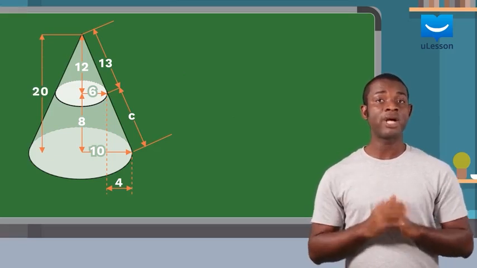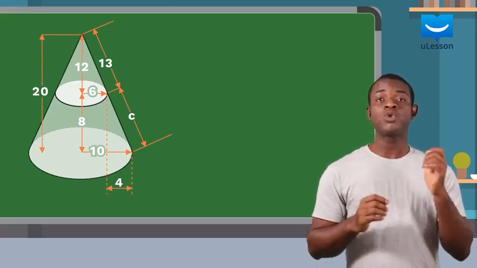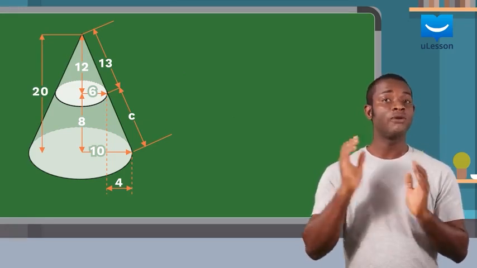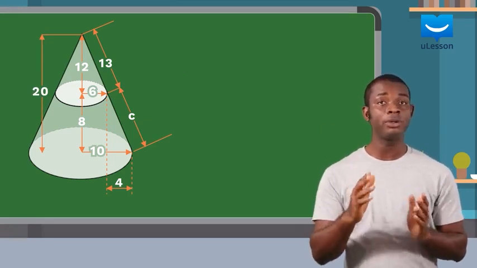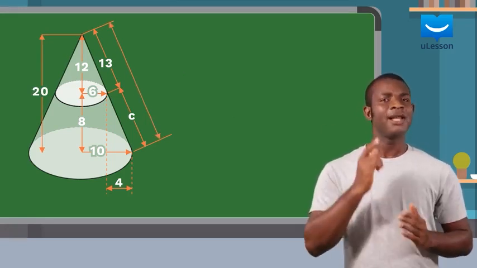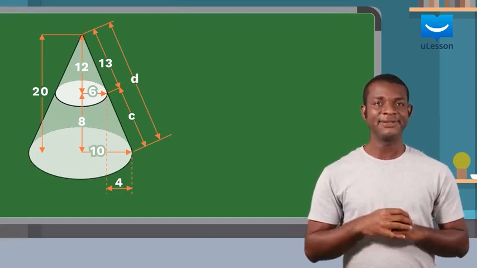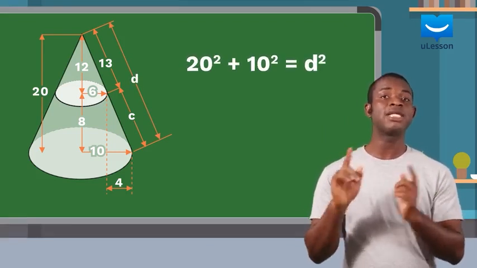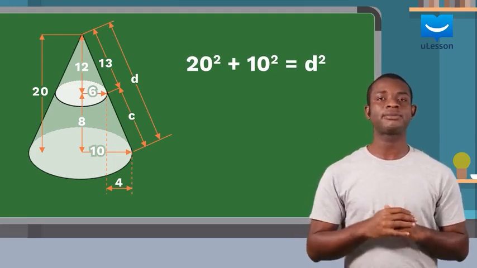And using the Pythagoras theorem, we have that 20 squared plus 10 squared equals the square of the hypotenuse of the entire cone, which is B plus C. Let's call B plus C D. This means that 20 squared plus 10 squared is equal to D squared.